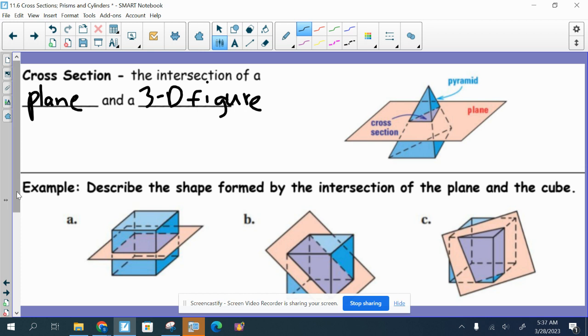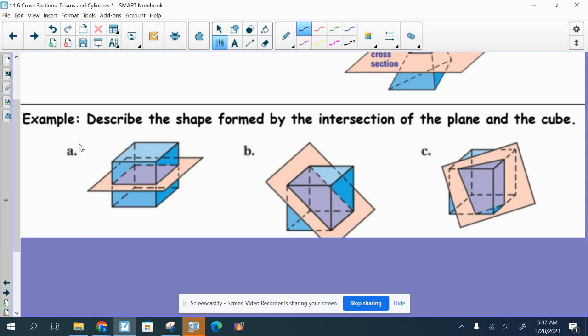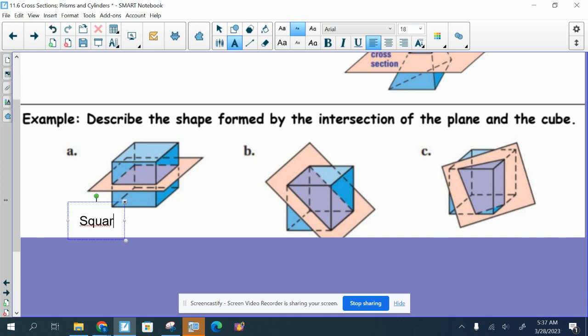This says, describe the shape formed by the intersection of the plane and the cube. So for A, it would be a square. It's a square. For B, that would be a rectangle. Because now it's going diagonal.